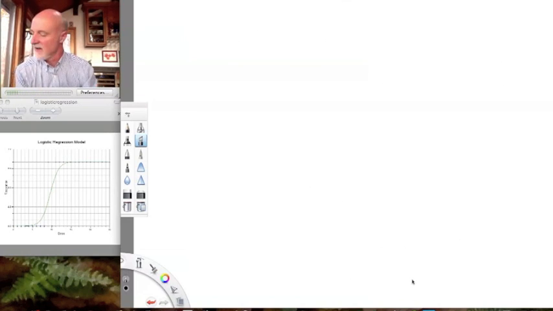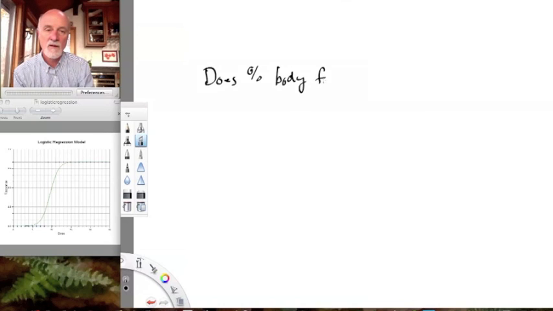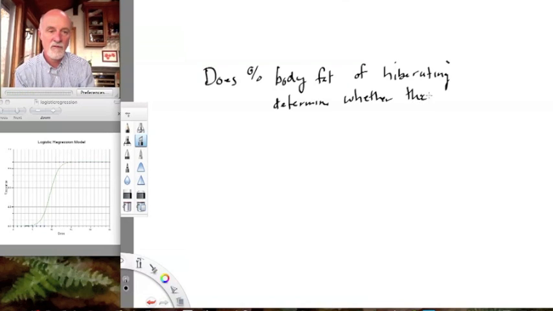Okay, so let's try another one. Does percent body fat of hibernating bears, go into their dens and measure percent body fat of hibernating bears, this would be female bears, determine whether they have one or two cubs?